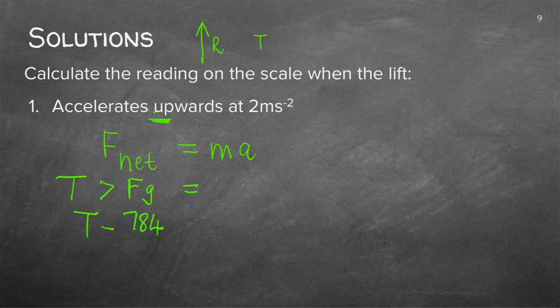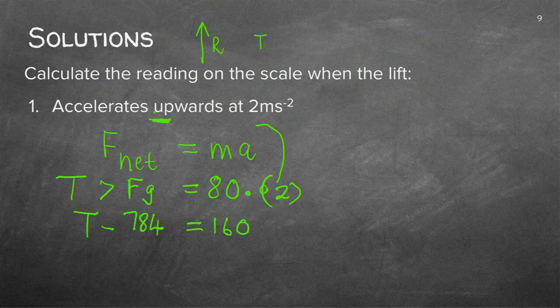The mass was 80 kilograms, and the acceleration is 2. Can you now calculate the tension, which is the reading on the scale? And I got that tension as 944 Newton.